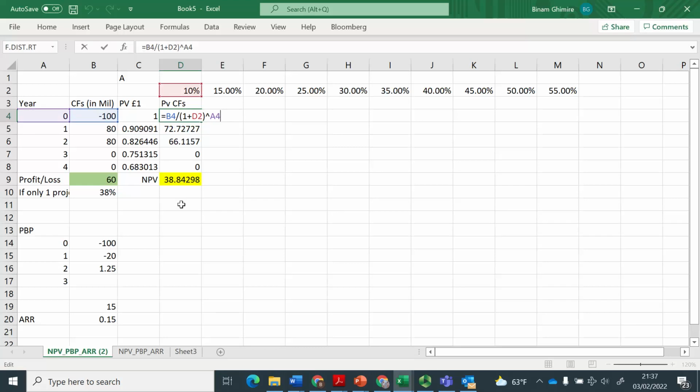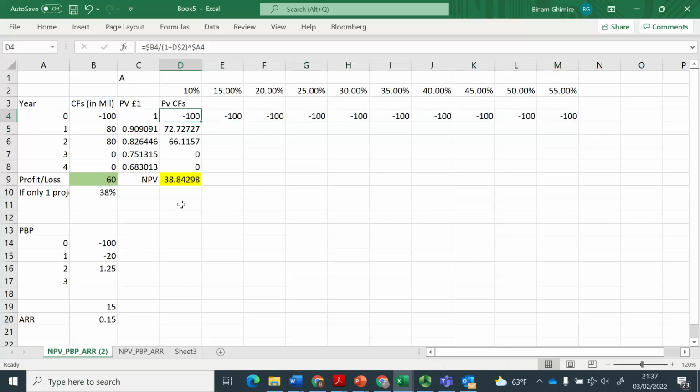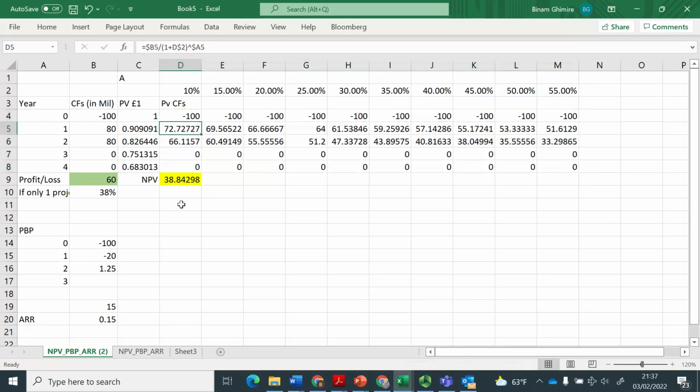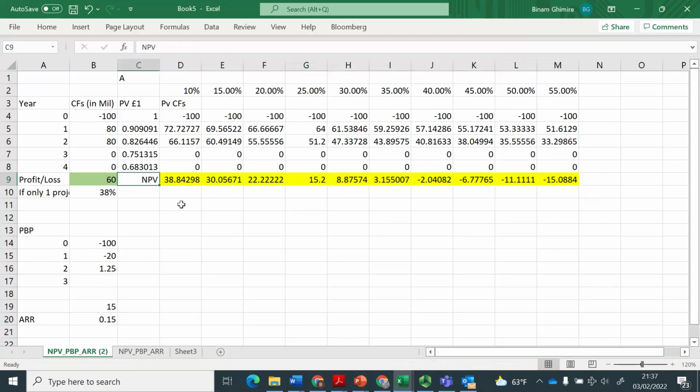I just need to lock a few things: I'm going to lock this row number, here I'll lock the column, and where it is this, I'll lock the row again. Having done this, I should be able to drag it along and make it applicable for all. If I get the same number here, 6672, which I have, this is working and has not changed, which means this is all correct. So now I also have the NPV.